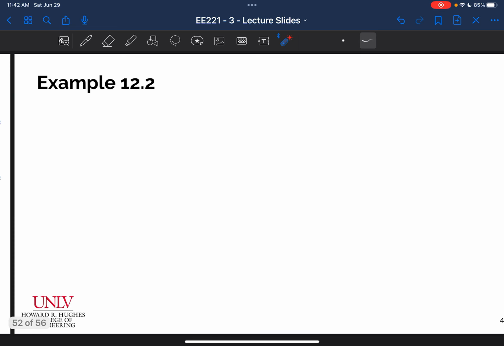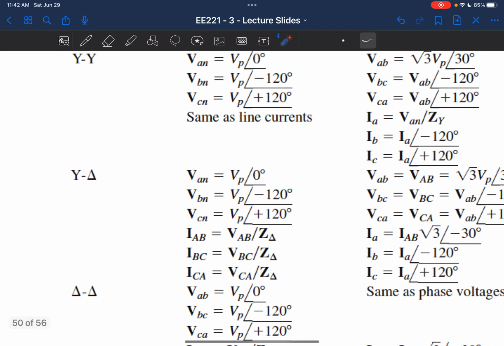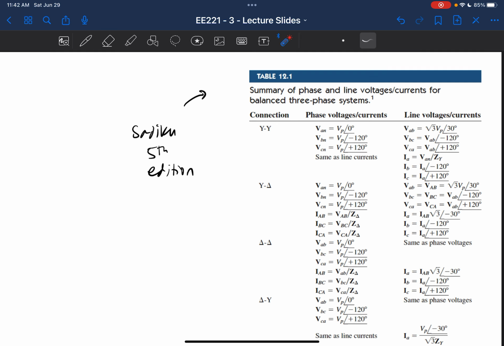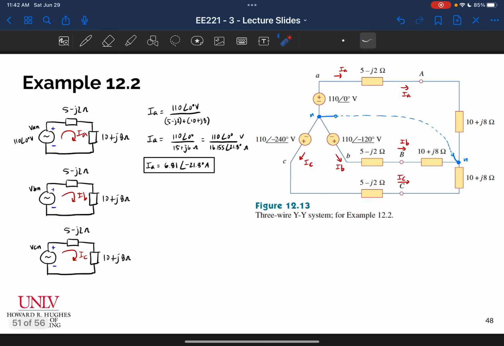And they're saying that IB is just going to be IA with a negative 120 degrees phase shift, and IC is just going to be IA with a plus 120 degrees phase shift. If we do the math, that's exactly what we'll see. We could do the math to prove it, and maybe that's what I'll do in the next video since I have another slide.